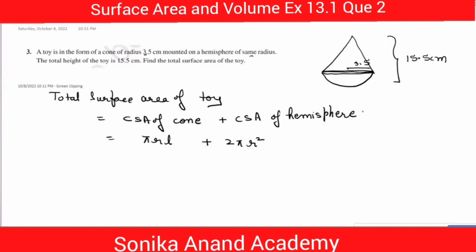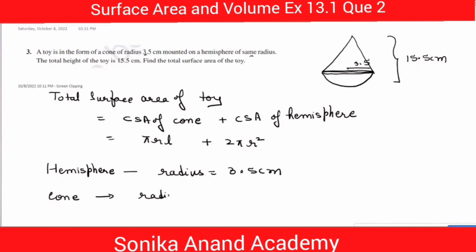Now I am collecting the data. For the hemisphere, radius is equal to 3.5 centimeter. Now for the cone, we have the same radius, 3.5.